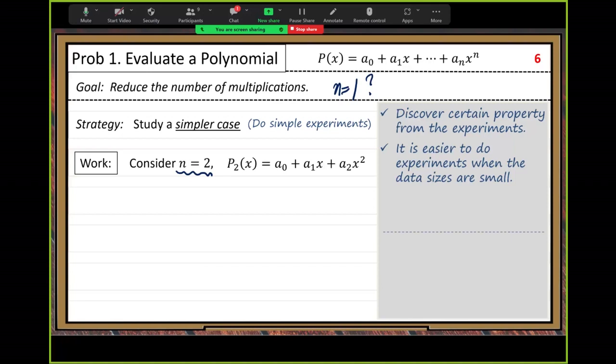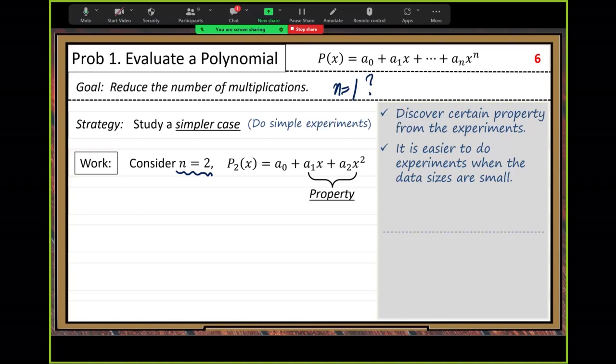The current polynomial is a quadratic polynomial, degree 2, so we call it a quadratic polynomial. All right. Now, I ask you to make observations on this polynomial. We try to find some special property from this polynomial. Now, I ask you to focus on the last two terms.